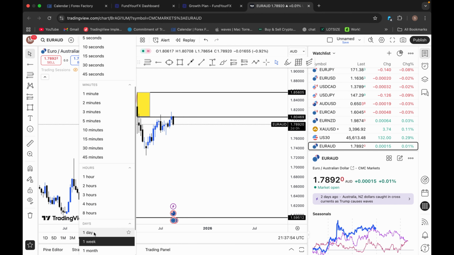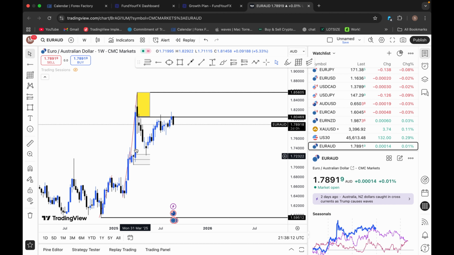So the reason why price pushed to this area was because of this demand area right here. As you can see, we could identify imbalance on this weekly candle, and price made its way back down to the origin of that push to the upside. Right, so if we go to the daily time frame, this is what we can identify.